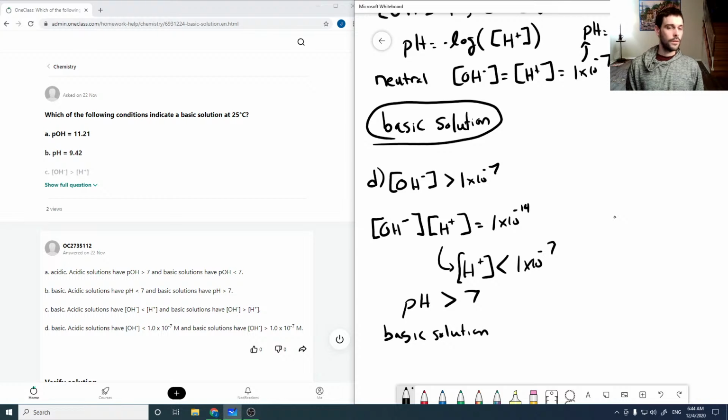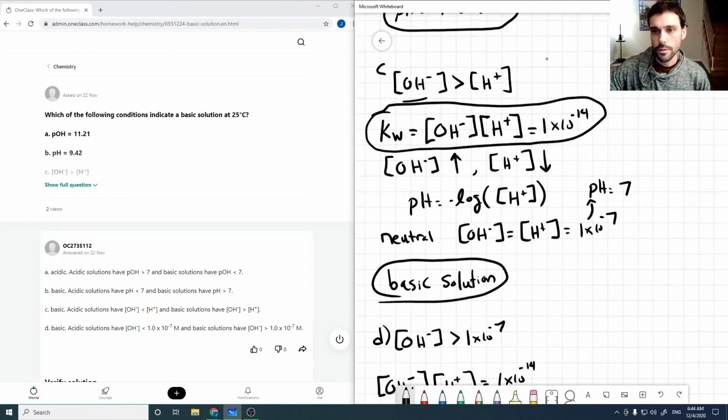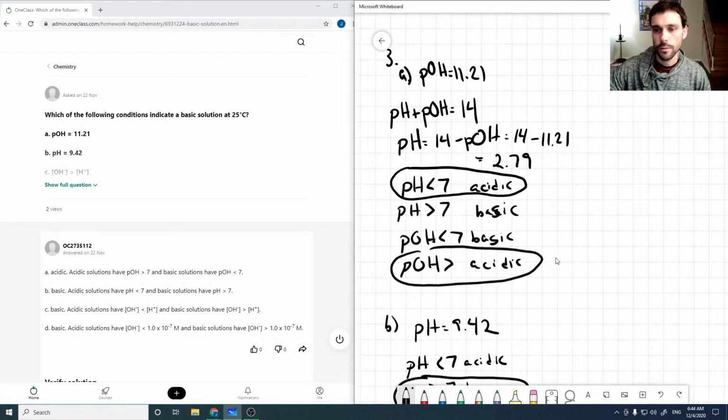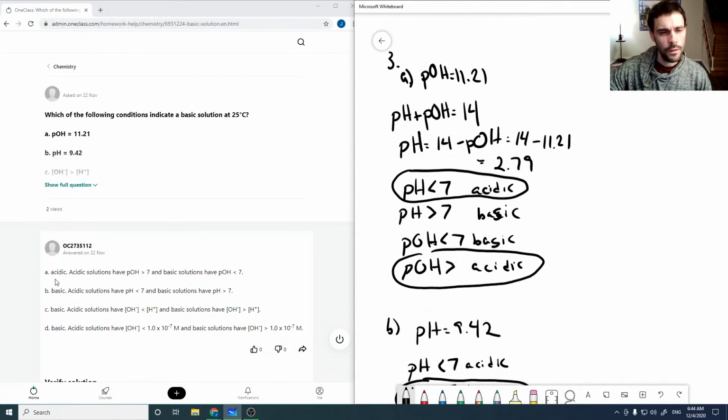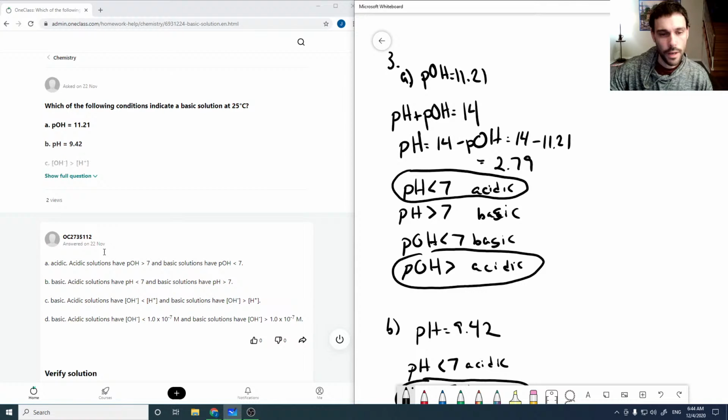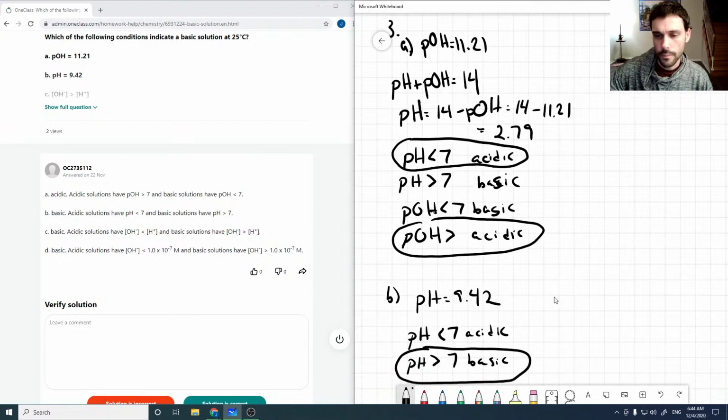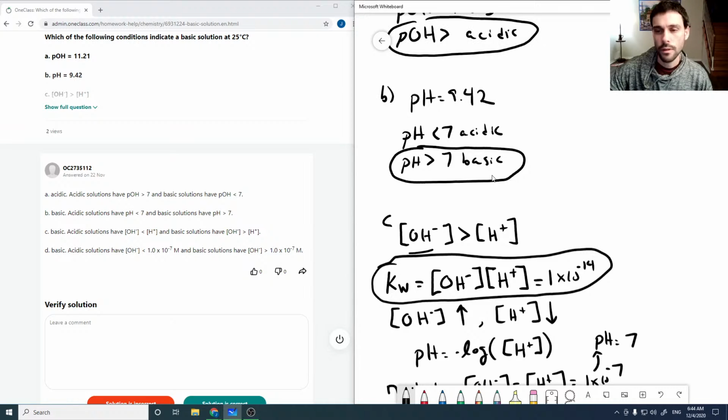All right. So now looking back through my worked solutions and comparing with what's here. Here we have an acidic solution, so we could have used pOH or pH. Here we have a basic solution as our pH is greater than 7.